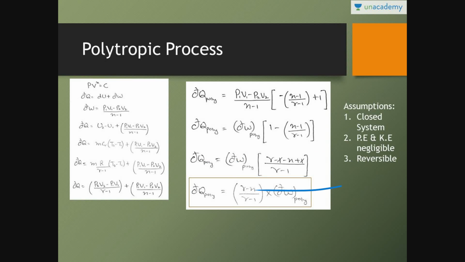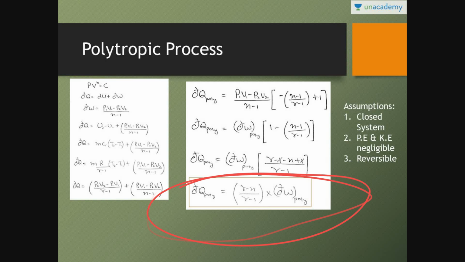Gamma minus 1 in the numerator comes, in the numerator gamma minus 1 minus n plus 1, that is gamma minus n. So heat transfer in a polytropic process is equal to (gamma minus n) upon (gamma minus 1) into work transfer in the polytropic process. This is the value of heat transfer in a polytropic process, right?